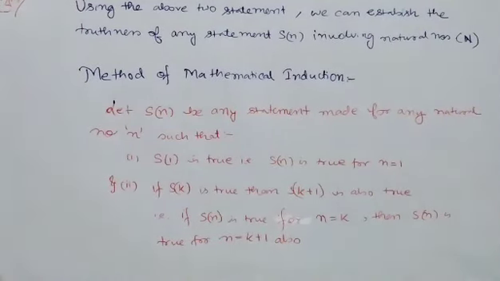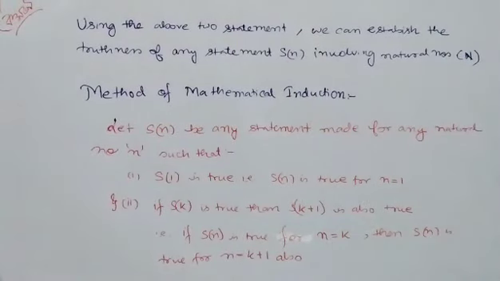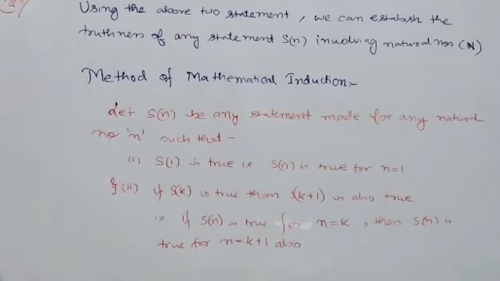It states that let Sn be any statement, where we name the formula as Sn and n is the natural number, made for any natural number n, such that S1 is true. That is, the formula is true for n equal to 1, so when we put n equal to 1 in the formula, it must be true. Secondly, we consider that the formula Sn is true for n equal to k, so Sk is true.